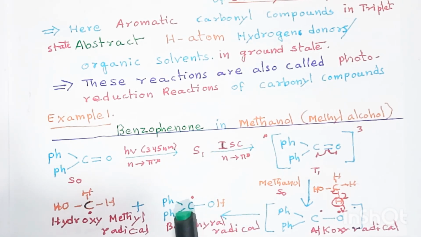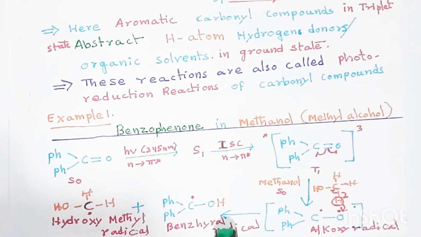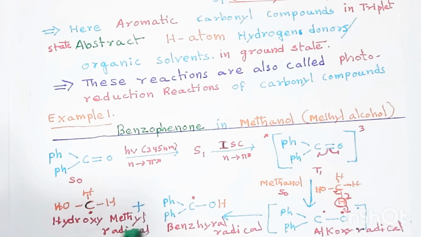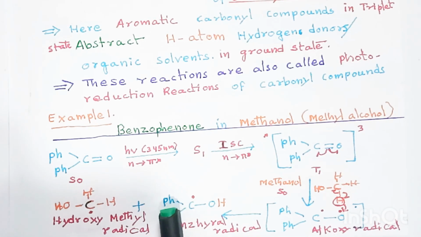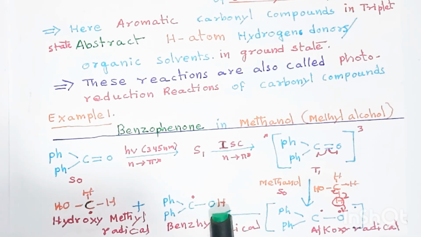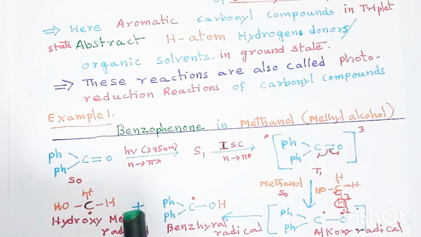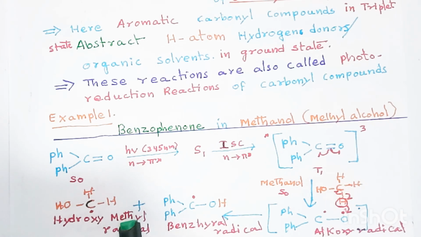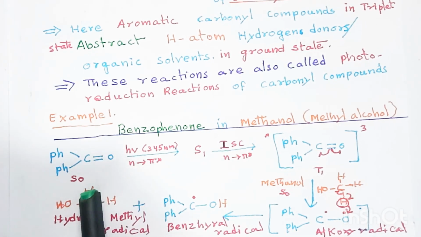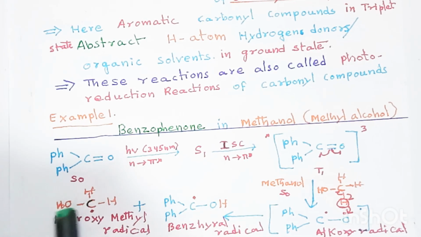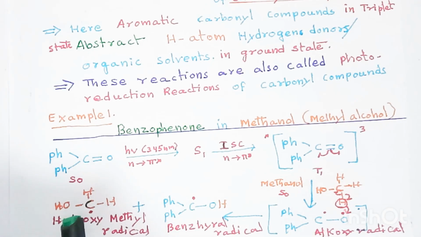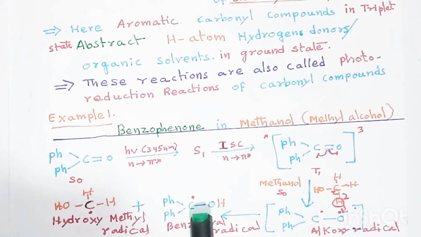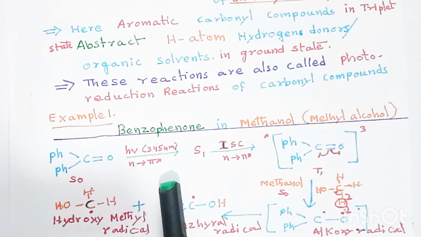One is benzhydryl radical, another is hydroxymethyl radical. Benzhydryl radical is Ph2COH radical, and hydroxymethyl radical is CH2OH radical. These are the two new radicals we get here.